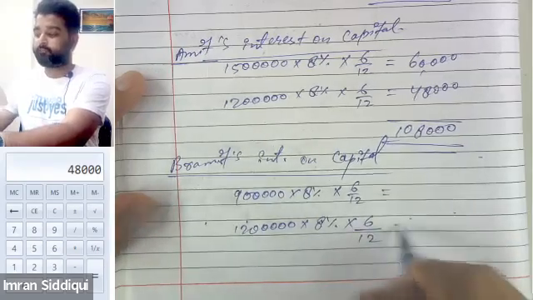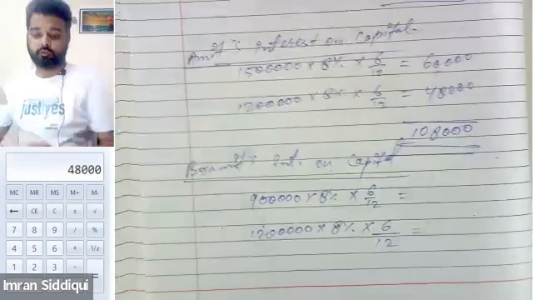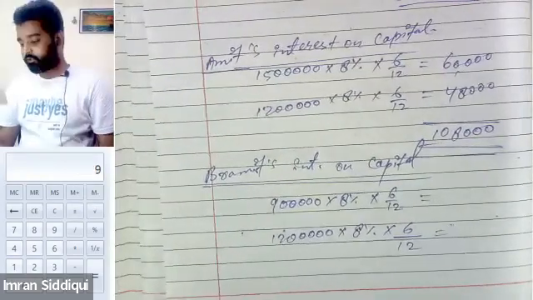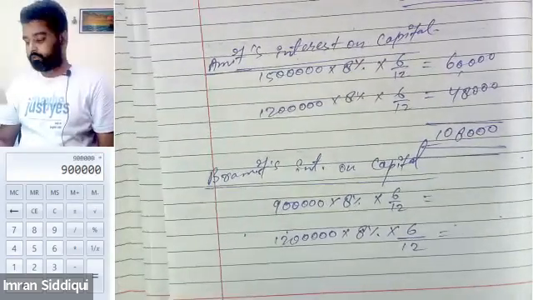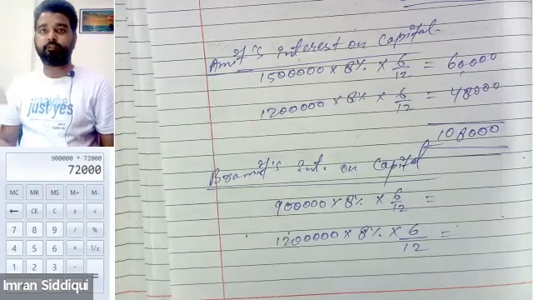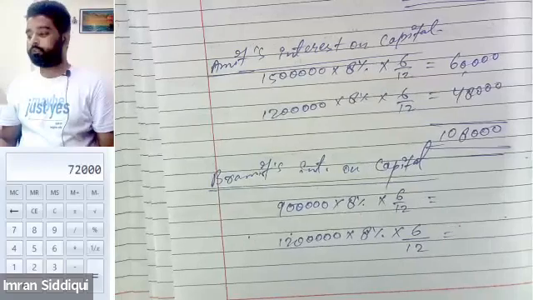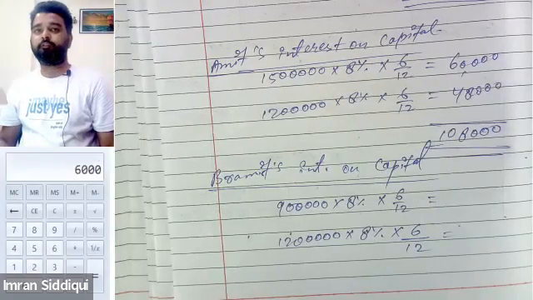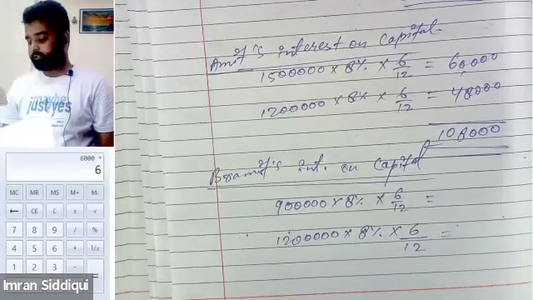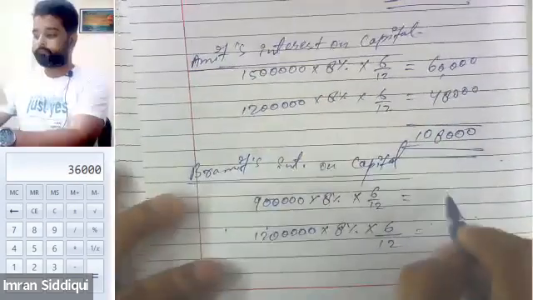Is this correct? Yes, sir. So let's calculate: 9 lakh into 8% will be 72,000, and 72,000 divided by 12 into 6 will be 36,000.